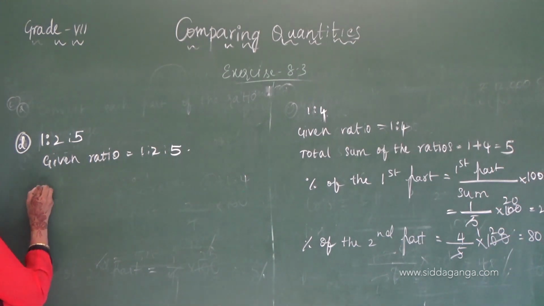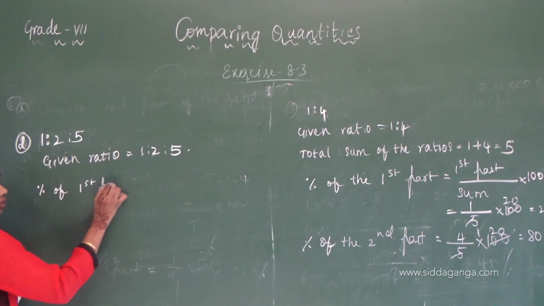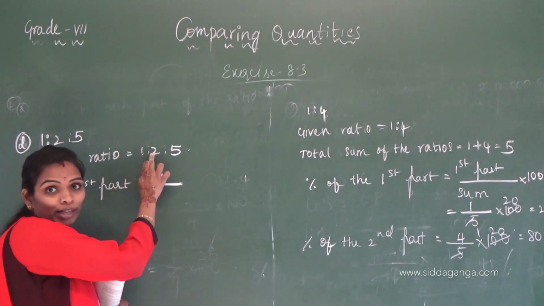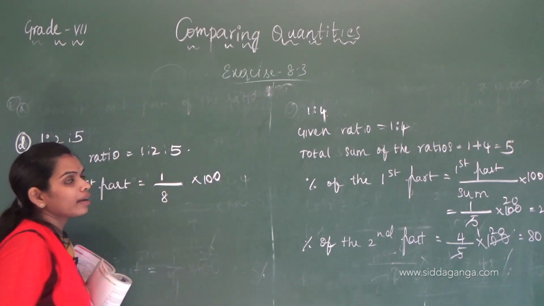Directly you can write the percentage of the first part. What is the percentage of the first part? First part divided by the sum. The sum means 1 plus 2 plus 5, which is 8, into 100. Correct?